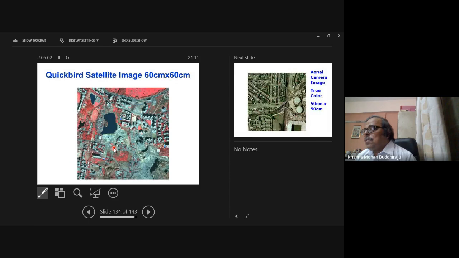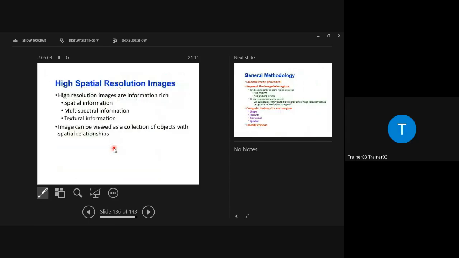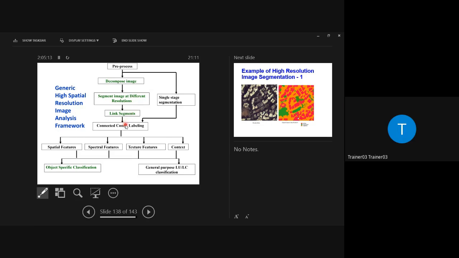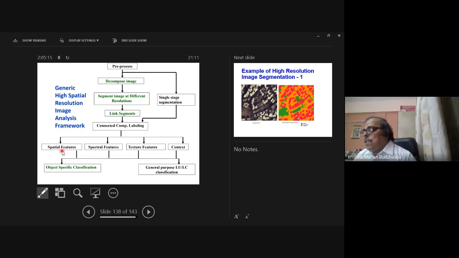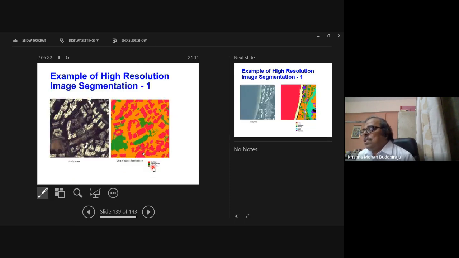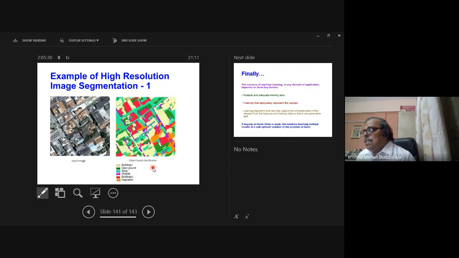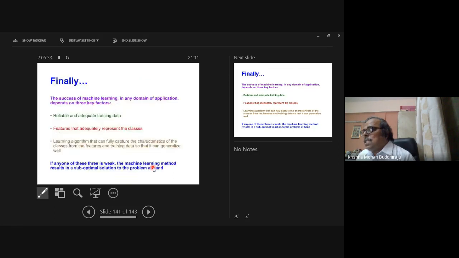We have a similar workflow for high spatial resolution images also. You first break it down into regions, then generate features for each region, and then you can do object specific classification or general purpose classification. So this is for buildings, this is for coastline, this is for roads.